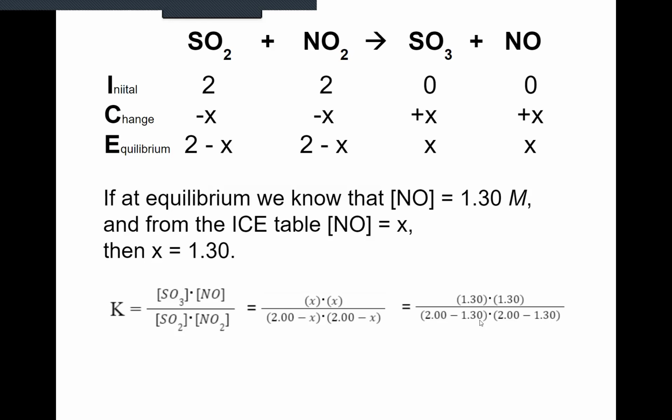Take out your calculator now. 2 minus 1.3, that's 0.7. And you have to multiply that by another expression, 2 minus 1.3 or 0.7. Crunching the numbers, we arrive at a value for K of 3.45. Woofda, that was a big one.